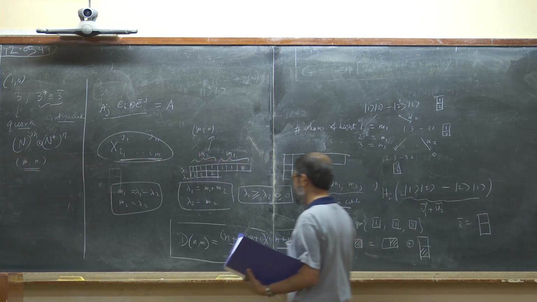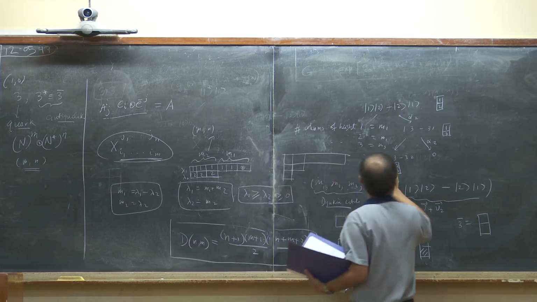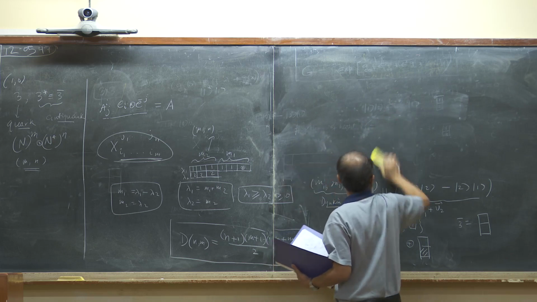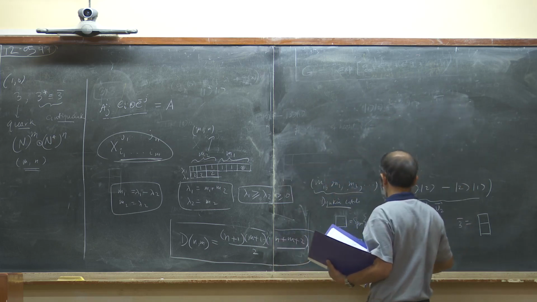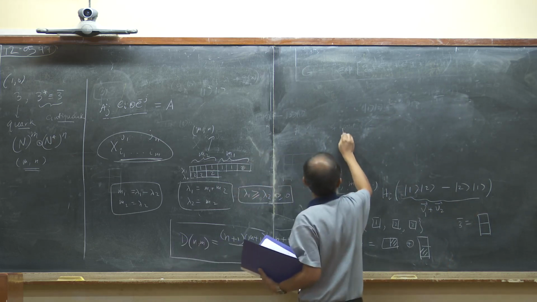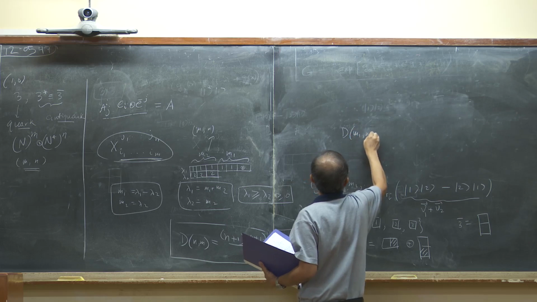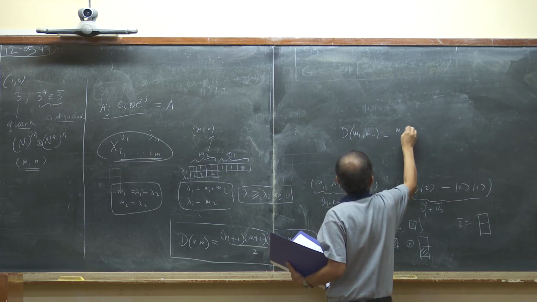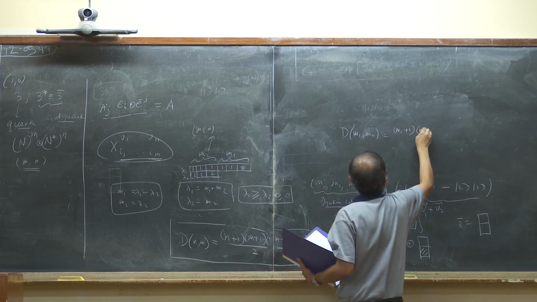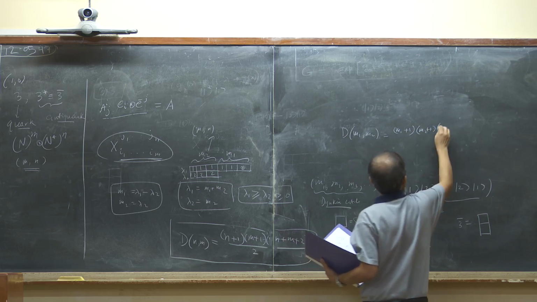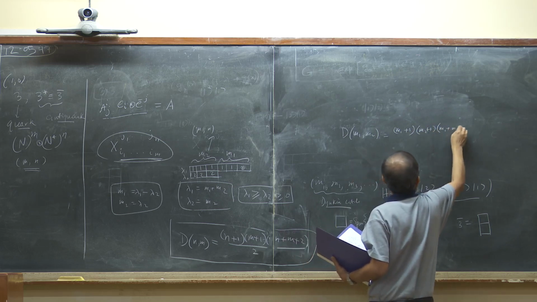I'll just write down how it goes for SU4, and next time I will say it. So let me write in terms of M1, M2. What you do is to take M1 plus 1, M2 plus 1 and M1 plus M2 plus 2, divided by 2.